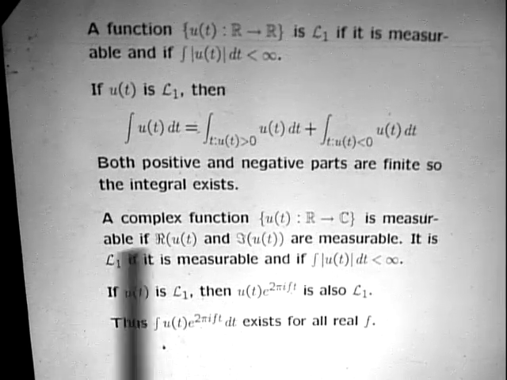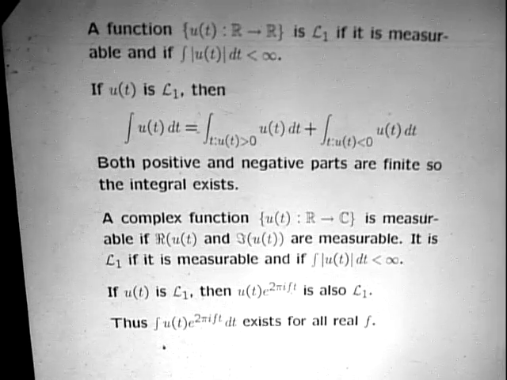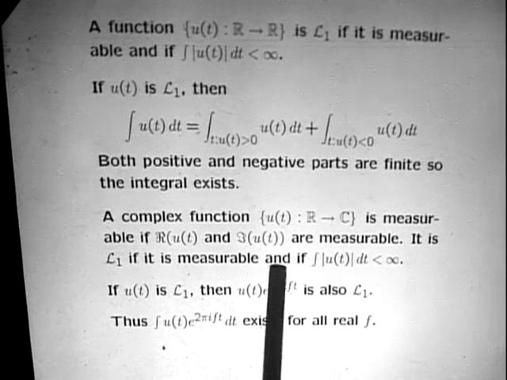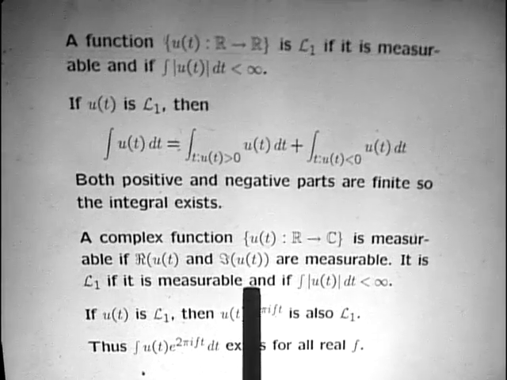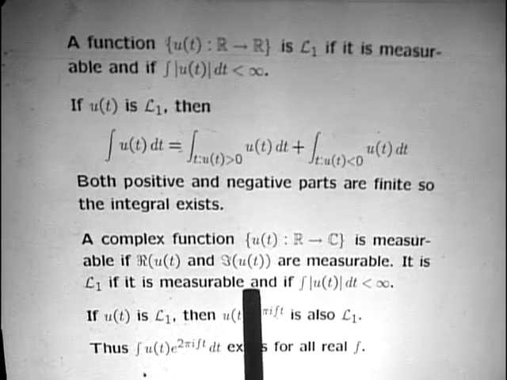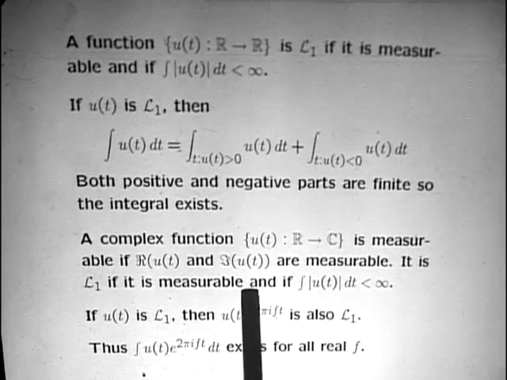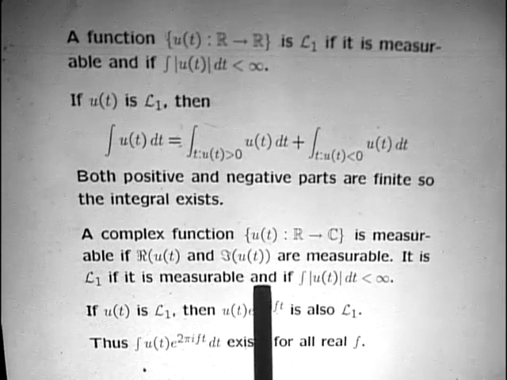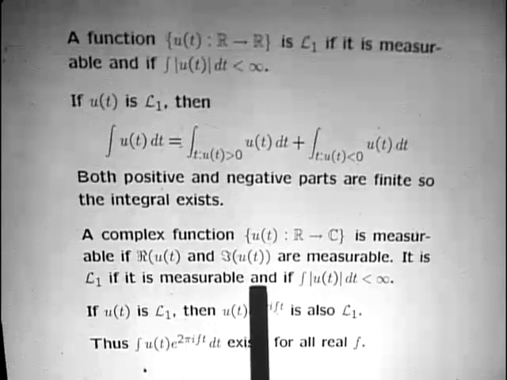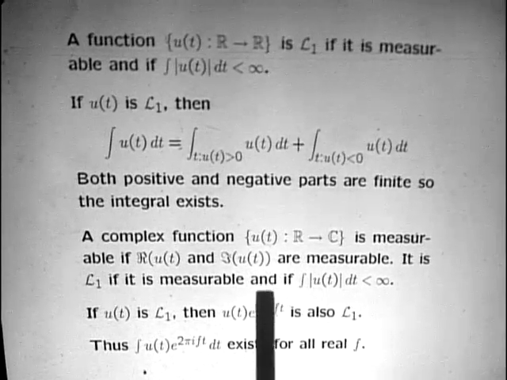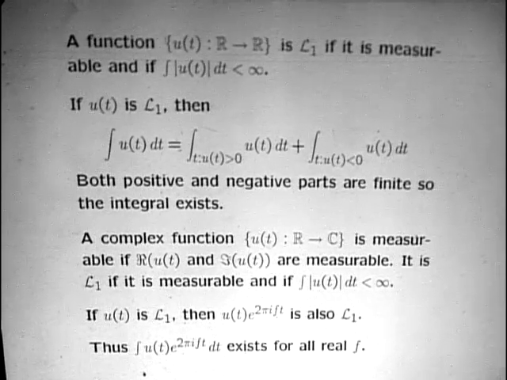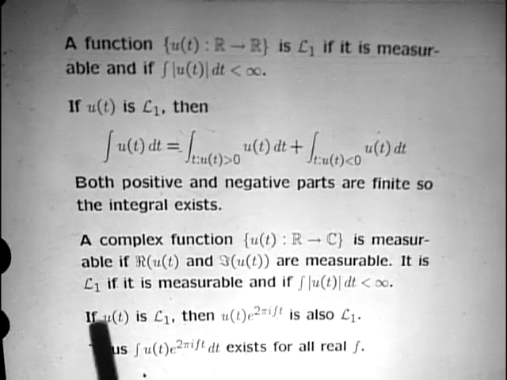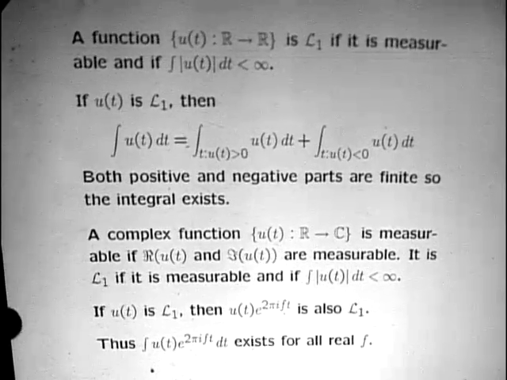Now, we say that a complex function is measurable if both the real part is measurable and the imaginary part is measurable. And therefore, you don't have to worry about complex functions as really being any more than twice as complicated as real functions, and conceptually they aren't any more complicated at all. Because you just treat them as two separate functions. And everything you know about real functions, you now know about complex functions.